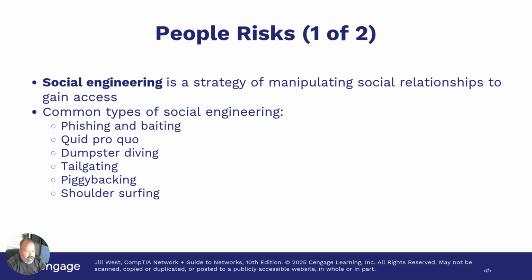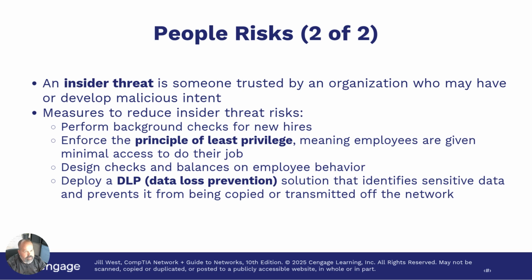Dumpster diving is literally going through trash to find sensitive information. Yes, people actually do that. Tailgating is following someone through a secure door. Piggybacking is the same, but with permission. And shoulder surfing is exactly what it sounds like, reading over someone's shoulder. It's like a buffet of ways to be sneaky.